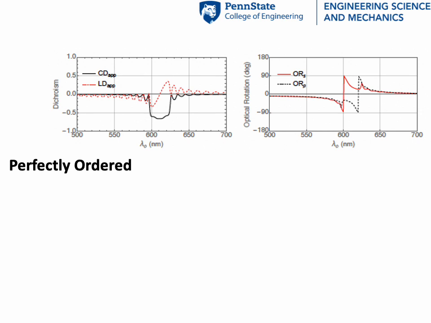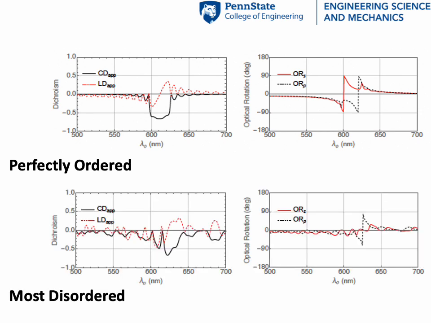Optical rotation is the rotation of the major axis of the vibration ellipse of the transmitted light when the incident light is either S polarized or P polarized. These here are the spectrums calculated for structure 1, which is perfectly ordered. Compare the spectrums of apparent dichroisms and optical rotations for structure 1 above and structure 5 below. Again, there are big differences between the two sets of spectrums for the most perfectly ordered and the most disordered structures.